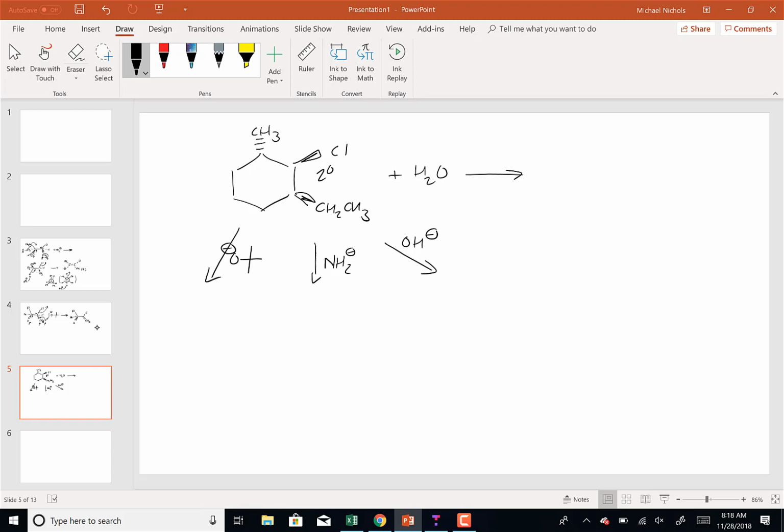So we can use a chart. We have to go back and remember the chart. When you said water was a weak nucleophile, that automatically made it a one mechanism. So one mechanism, SN1 and E1. With water, you would write the SN1 and the major E1 product.